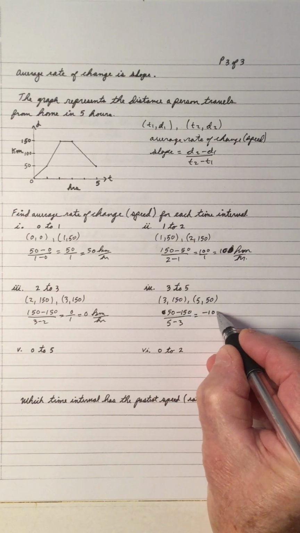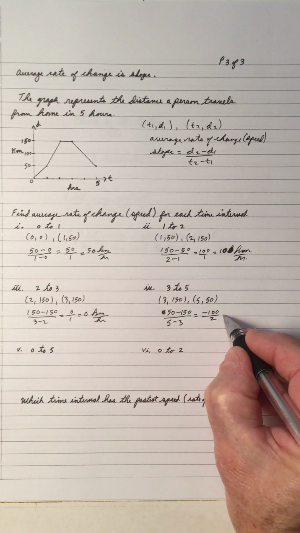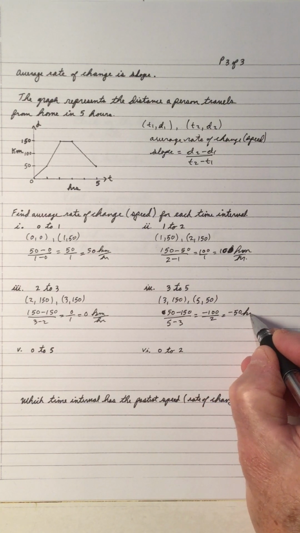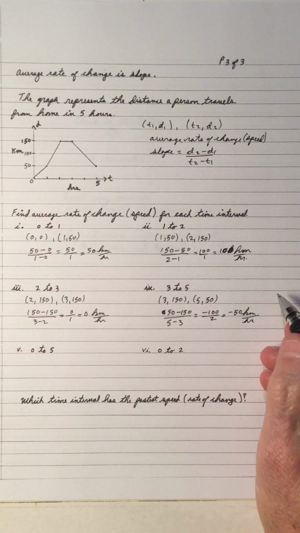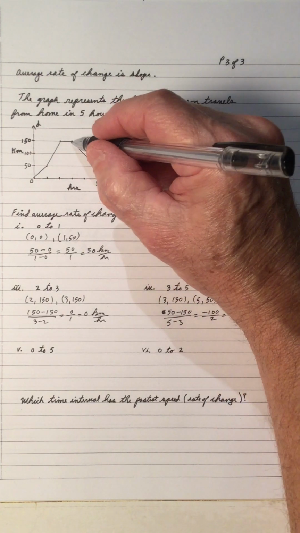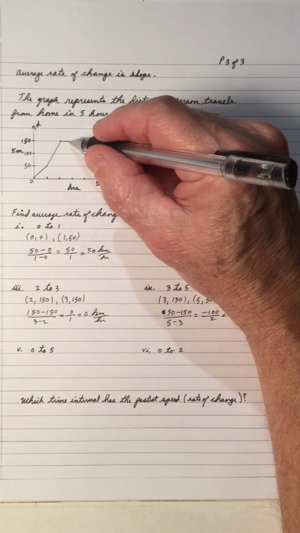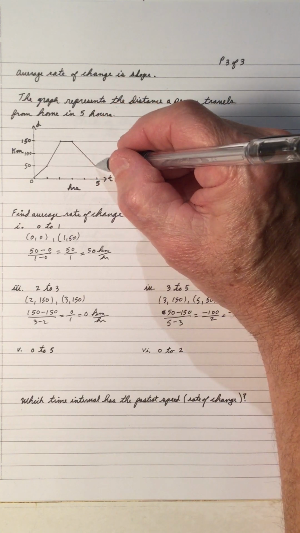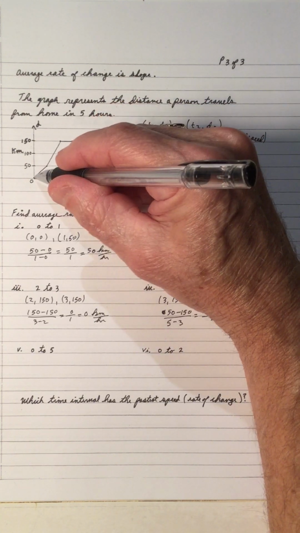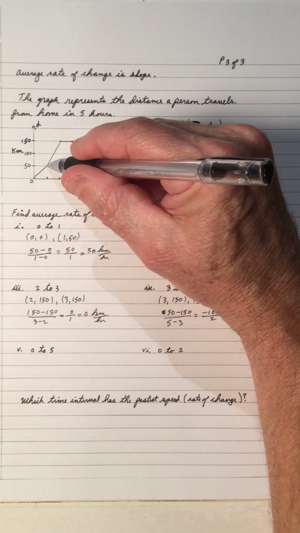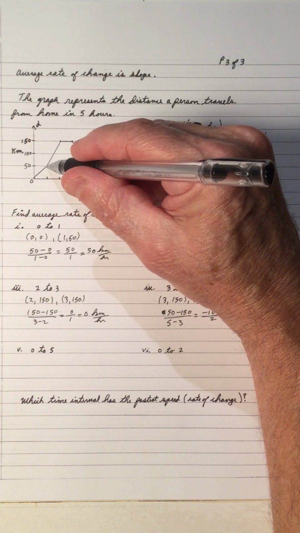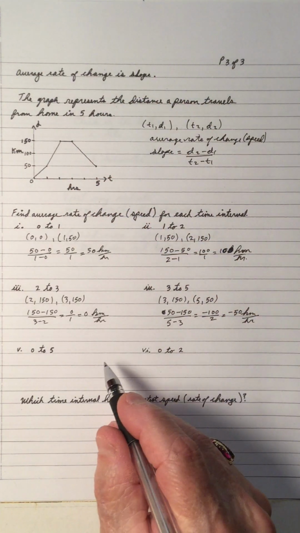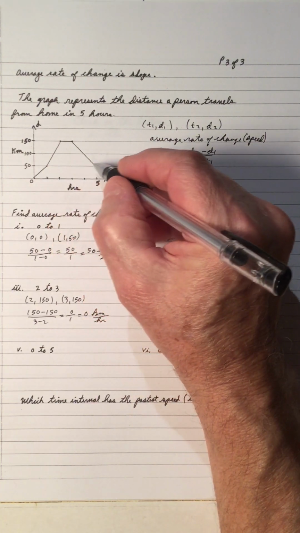So that's negative 100 over 2. So that's negative 50 over 1. So it's negative 50 kilometers per hour. And notice that the slope is negative. So that means from the third hour to the 5th hour, he's walking back home. And notice here, from 0 to 1 is positive, so he's going away from home. From 1 hour to 2 hours is positive, so he's going away from home. So what's the average rate of change from 0 to 5?